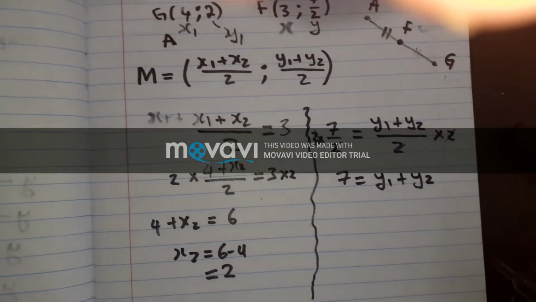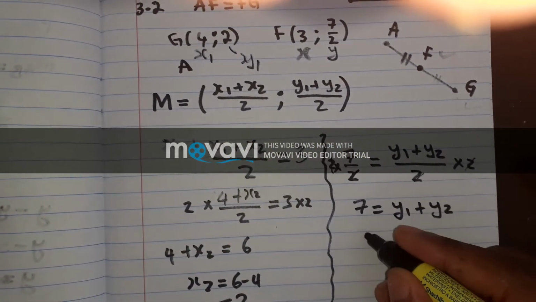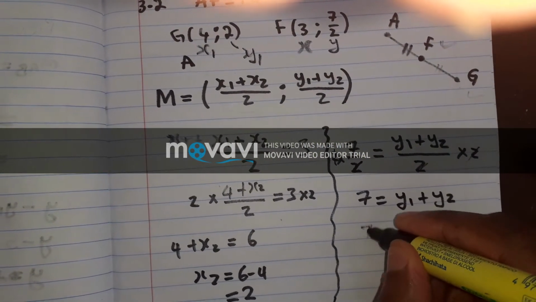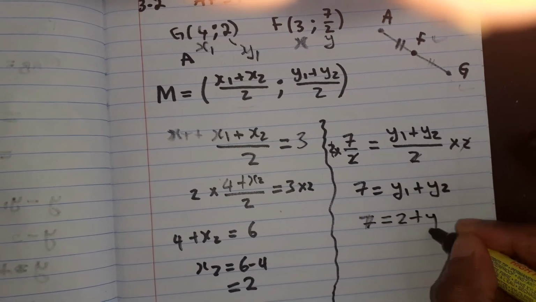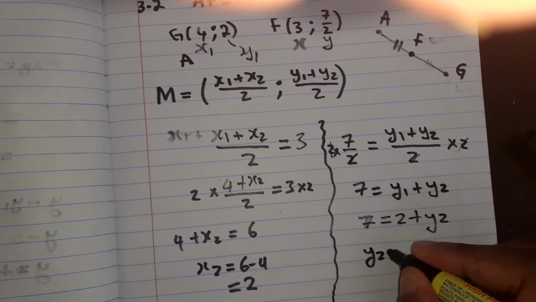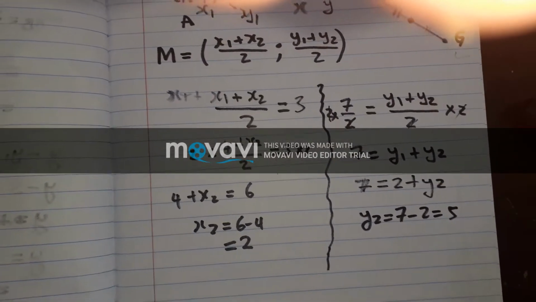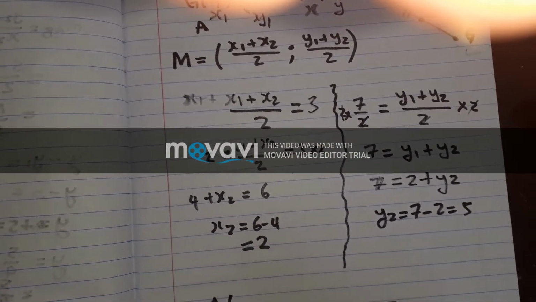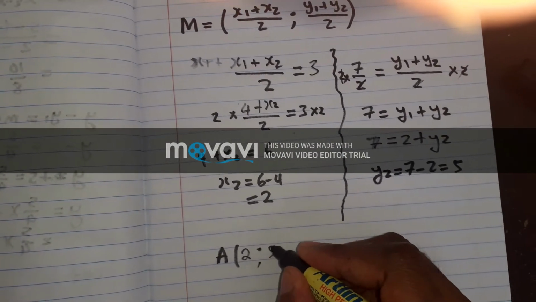Then y1 is 2. Then y is equal to 7 minus 2, which is 5. So this is what we see in the coordinates, that A is (2, 5).